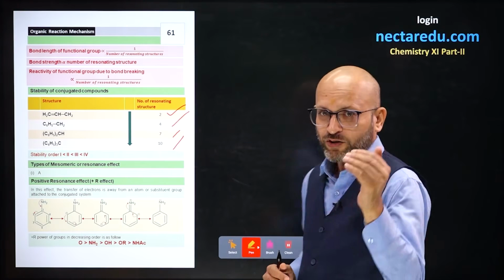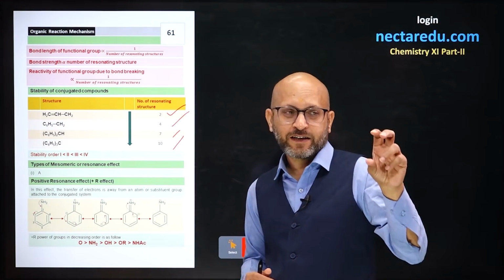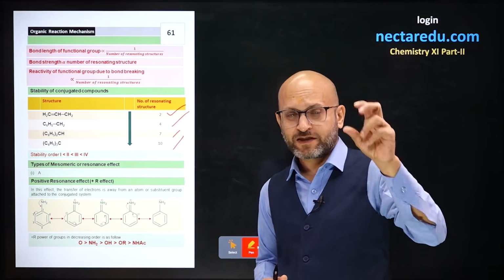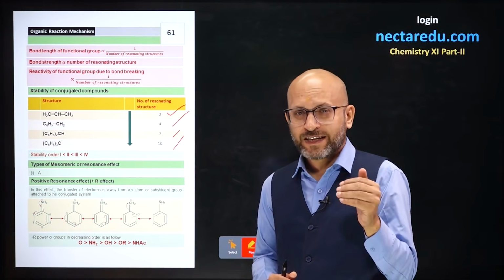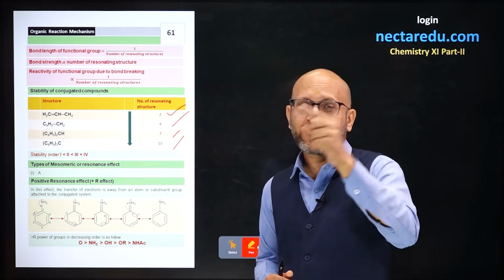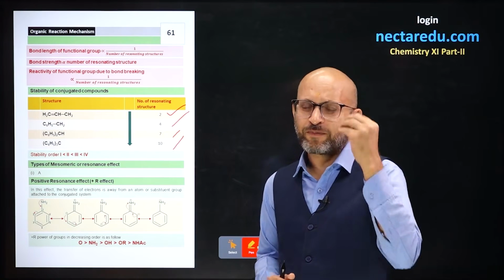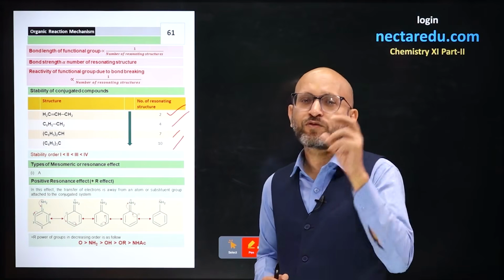All right. What you can do is, if you want to check whether a group of atoms, or say a species, shows plus M or minus M, just get it attached to a benzene ring or a conjugated system. The simplest is to attach that group to a benzene ring.